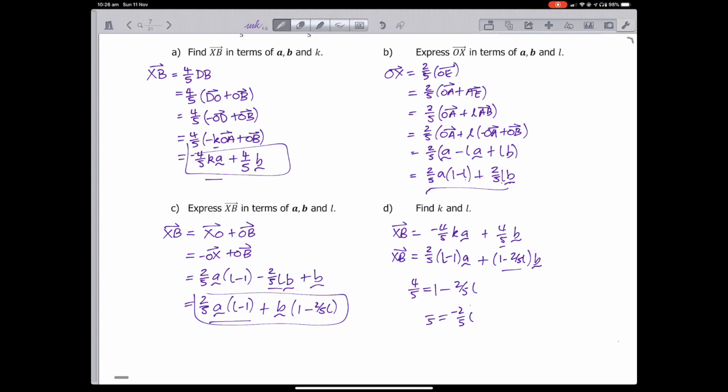How did I get that? 4/5 minus 1 is minus 1/5. Okay, so L is going to equal 1/2.